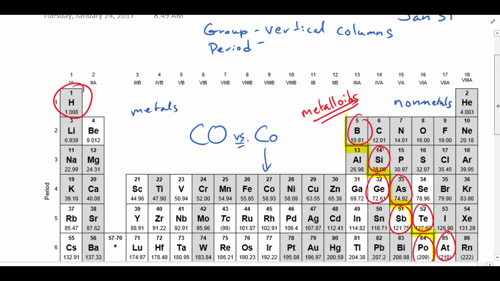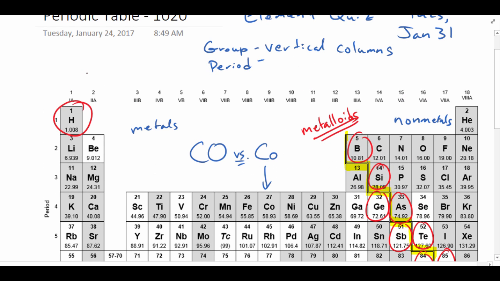Let's look at another term. The elements of group 1, we refer to as the alkali metals. Now, if they're metals, they cannot include which element? Hydrogen, because hydrogen is a gas.